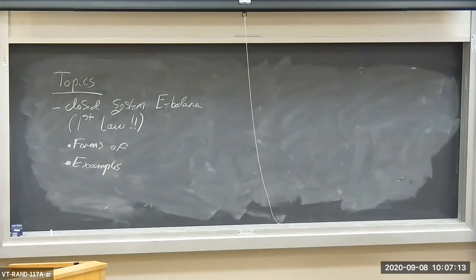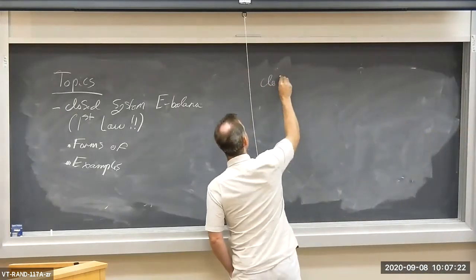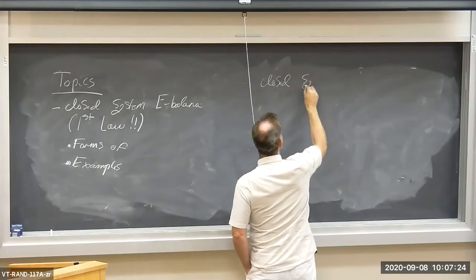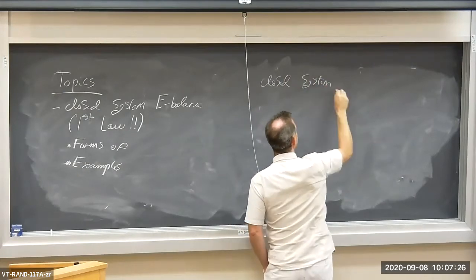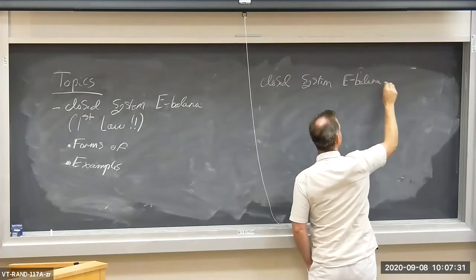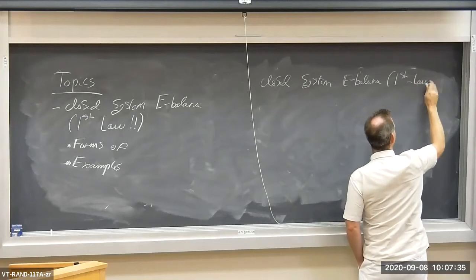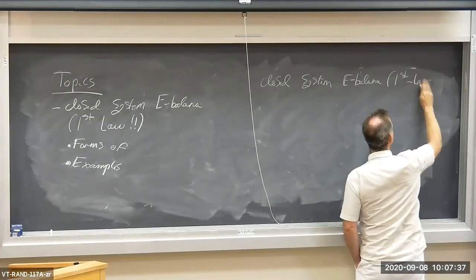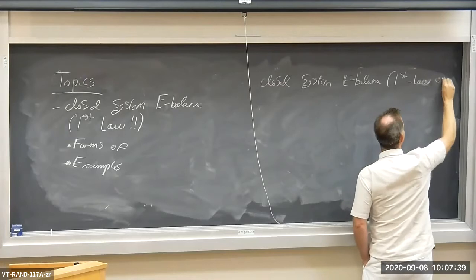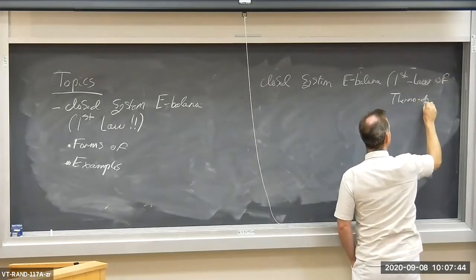So we've already looked a little bit at the energy balance, but let's start anew today by declaring the closed system energy balance, E balance, sometimes called the first law of thermodynamics.